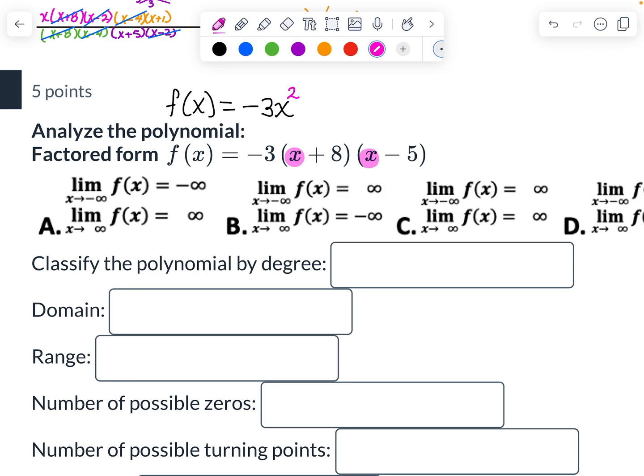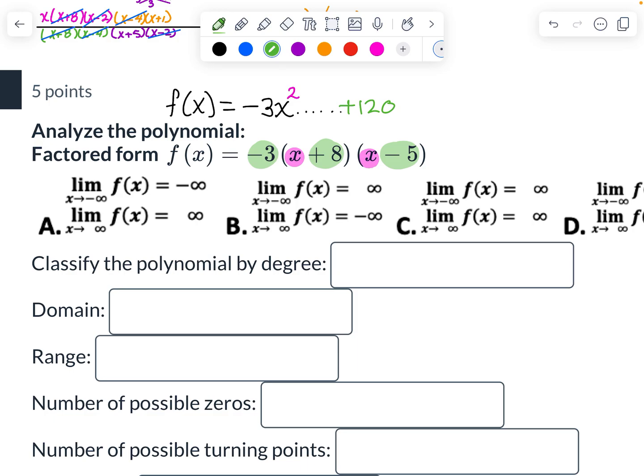Then when we go to look for our y-intercept, we need only take the negative 3 and the positive 8 and the negative 5 and multiply them together. And negative 3 times 8 times 5 is negative 40 times negative 3. So how about a positive 120? 40 times 3 is 120, yes.